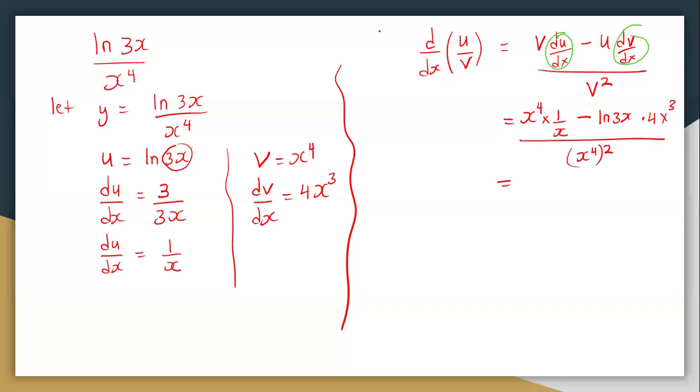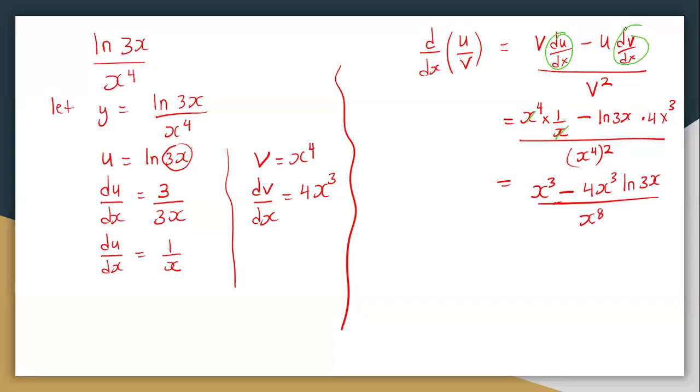You can note that this x and here reduce, so we shall remain with x^3 minus, here it is better to write this first, 4 ln(3x), over x^8.